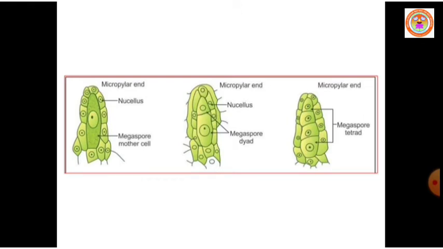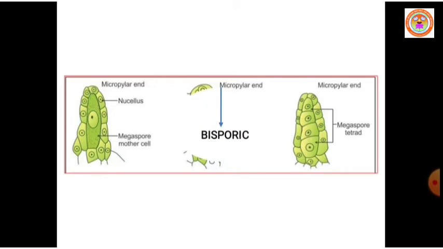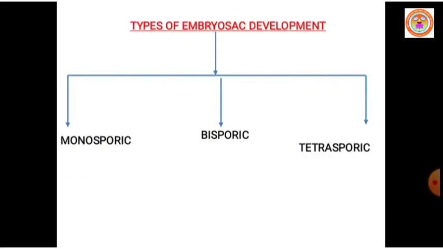You can observe only one megaspore mother cell, which is diploid, undergoes meiotic division. Finally, it forms a megaspore tetrad, which are all haploid. So, based on the number of megaspores that develop into embryo sac, we classify the embryo sac development into 3 types: monosporic, bisporic, and tetrasporic.